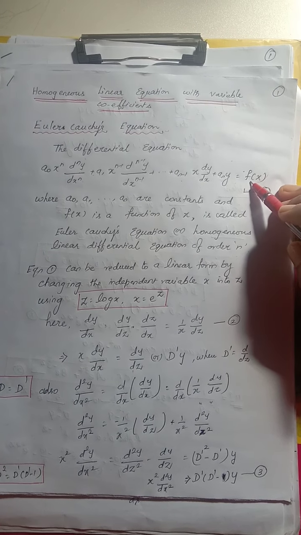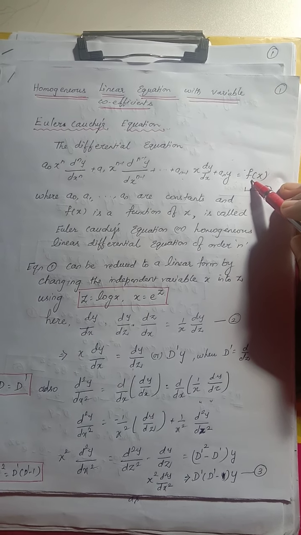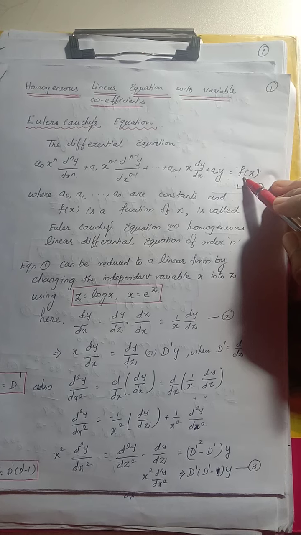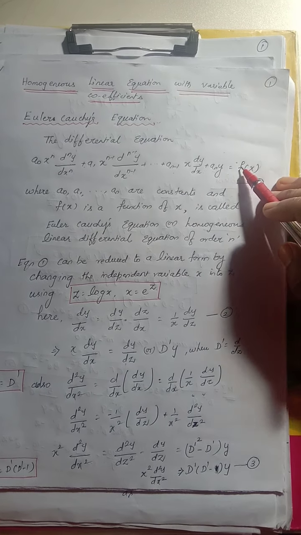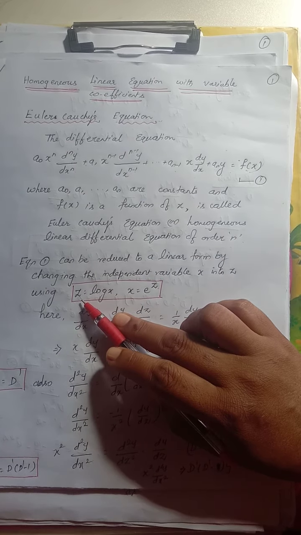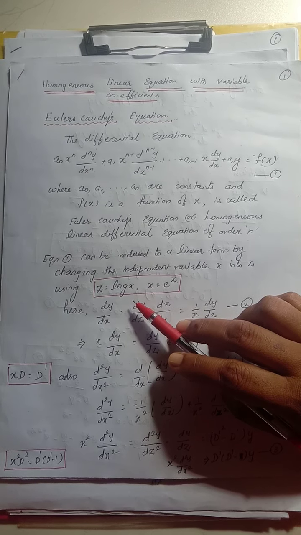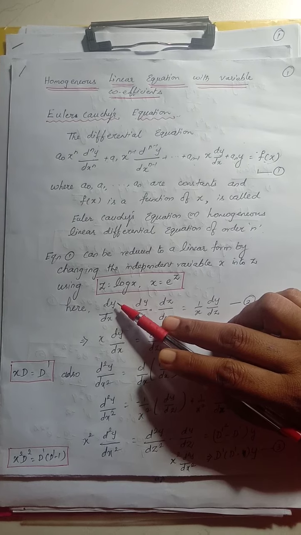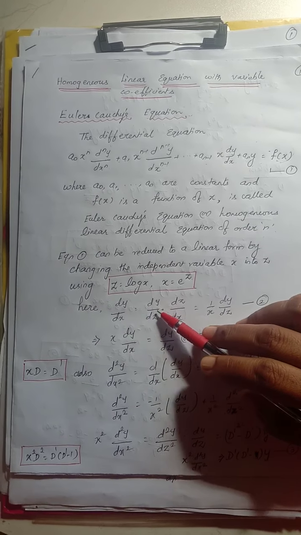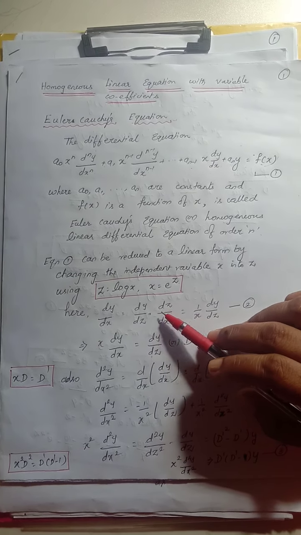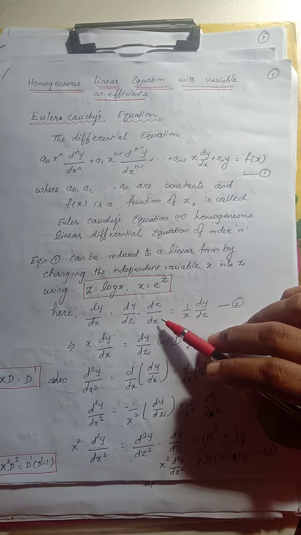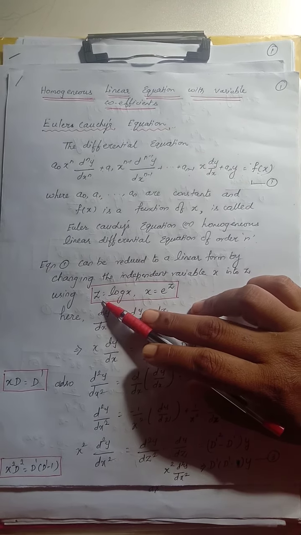This equation 1 can be reduced to a linear form by changing the independent variable x into z, by using the substitution z is equal to log x and x is equal to e power z. And dy by dx can be replaced as dy by dz into dz by dx. We know that z is equal to log x.